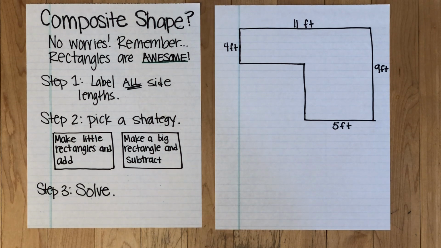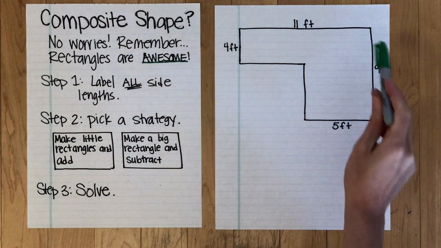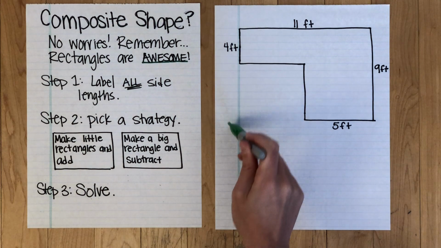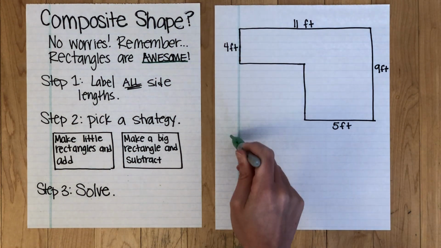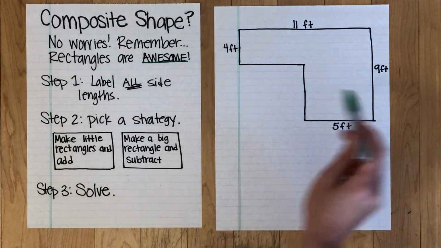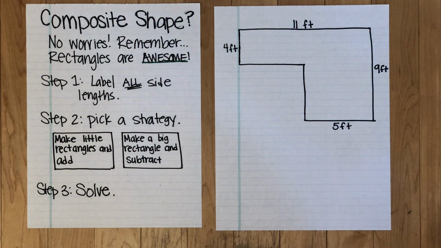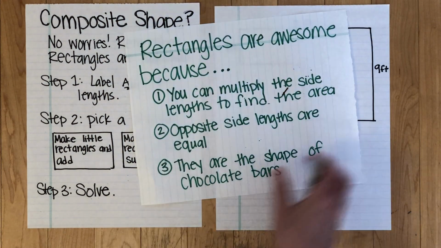Go ahead and pause the video and tell me or tell someone you're watching with. We do have enough information to figure it out. Here's how. We know that this whole side has to be 9 because this side's 9 and opposite side lengths are equal.